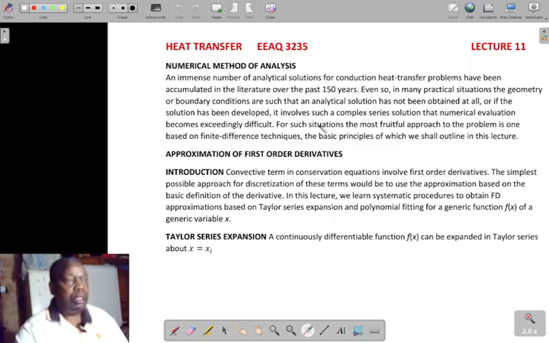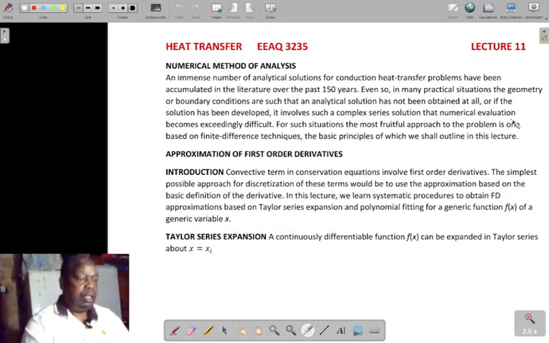Now, in heat transfer, we came up with the heat diffusion equation. There are quite a number of variations of that equation depending on our assumptions.